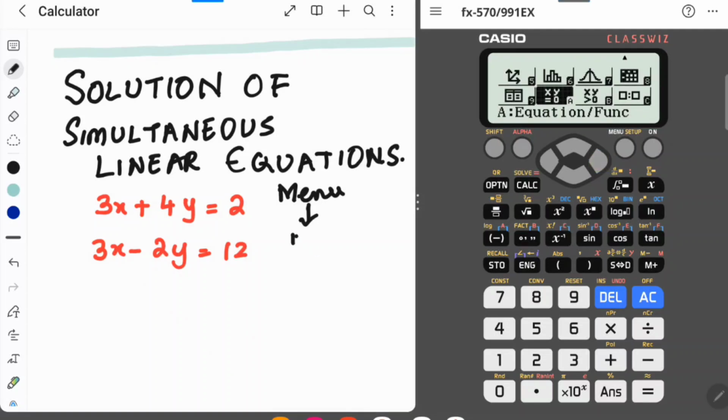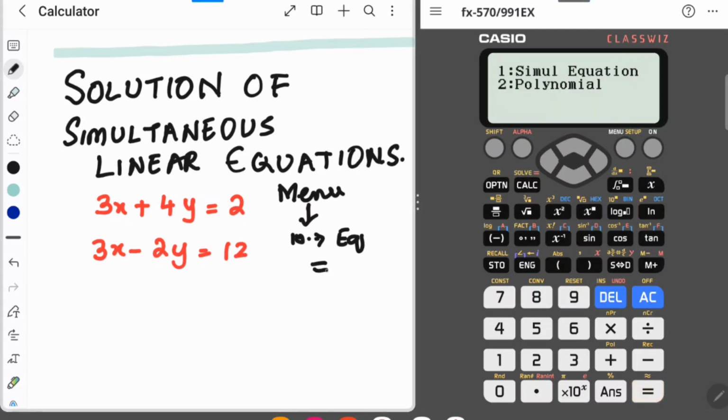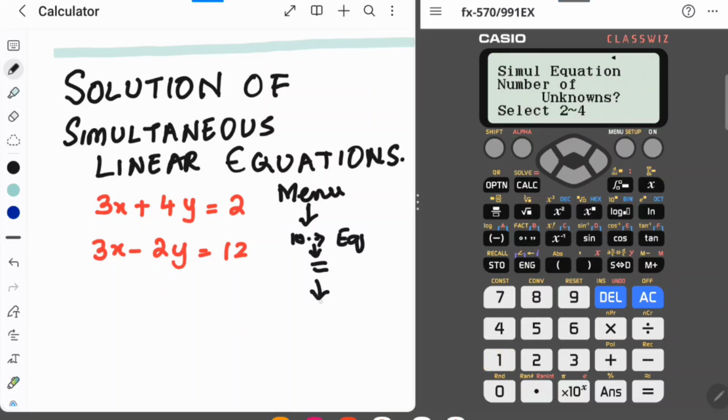After equations, at the 10th you will get equations or polynomial, and then press equals. Okay, after equals you can see simultaneous equation is at 1. So press 1, and then select the 2 or 4 unknowns. We have 2 unknowns, which is x and y. Press 2, and then you get this one.